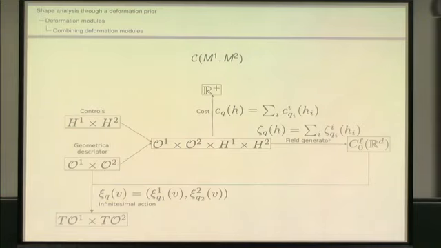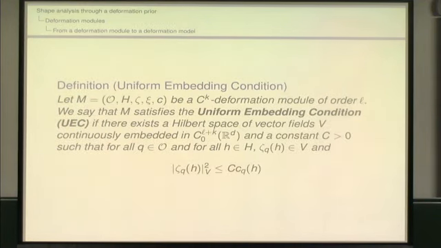In order to do so, we first have to restrict ourselves to a certain type of deformation modules. Those that will satisfy what we call the uniform embedding condition, which states that there exists a Hilbert space of vector fields V and a constant C, such that for each geometrical descriptor q and each control h, the vector field that is generated belongs to the space V, and its norm satisfies this inequality.